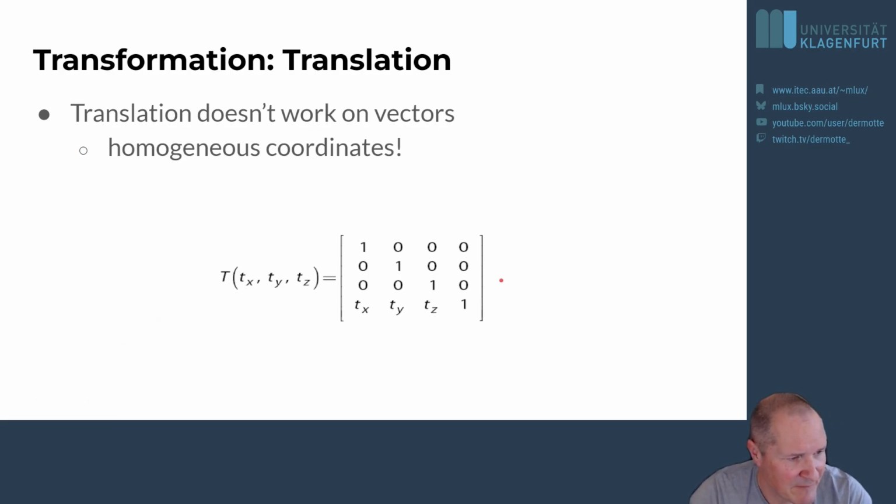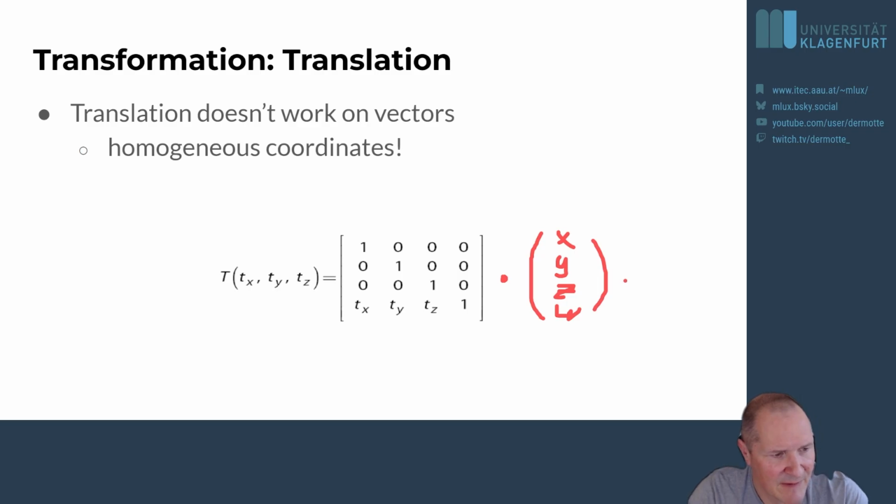If we take a column matrix vector, x, y, z, w, what we then get is tx times 1 plus, and if w is 0 plus 0, if w is 1 plus tx, and that's actually how we move the vector, or not move the vector, because the vector has a w of 0, and that's actually pretty nice.